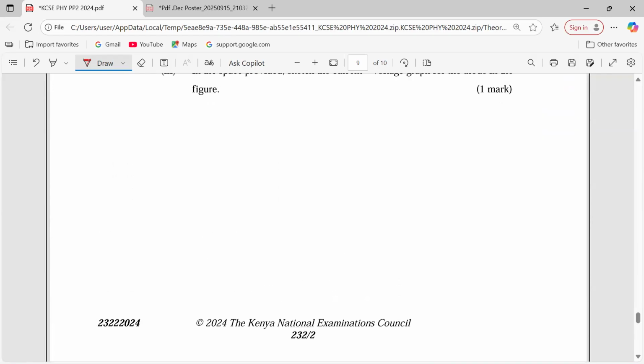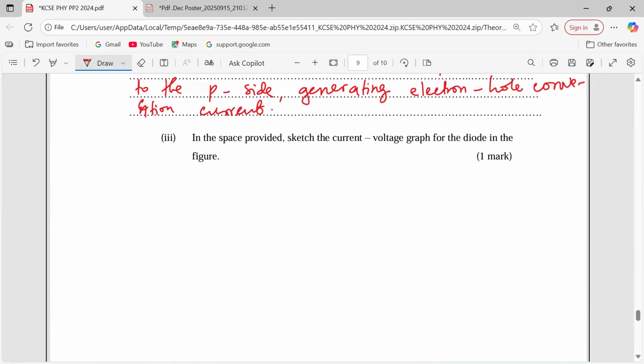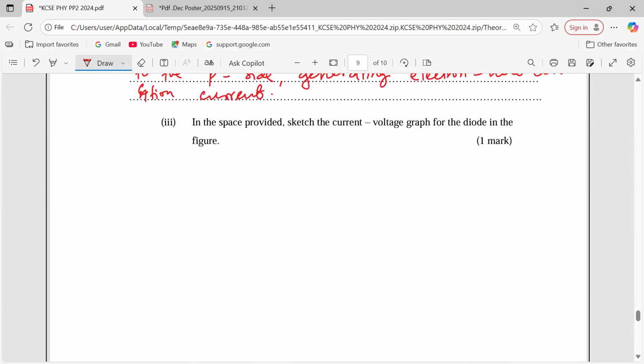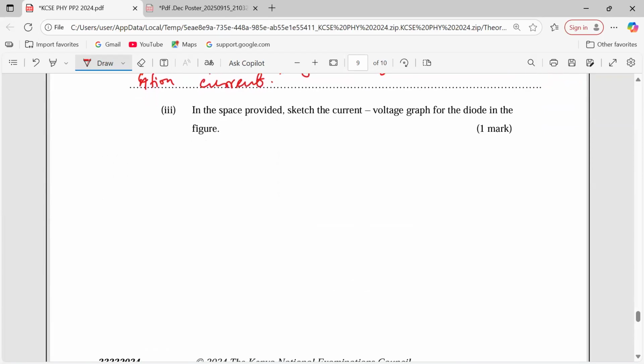Then we are told in part 3 that in the space provided, sketch the current-voltage graph for the diode in the figure. When a diode is forward biased, the current-voltage graph appears as we are sketching it here.